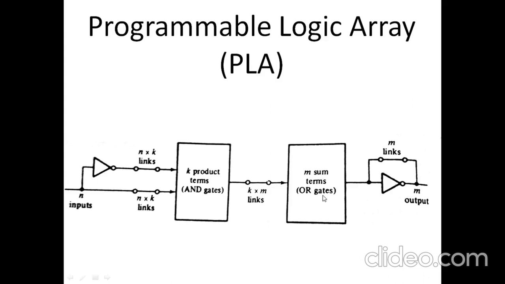We have m sum terms, and every sum term is implemented with an OR gate, and every AND gate in this set is connected with every OR gate here through a fuse. So we have k cross m links, and similarly we have m outputs, and every output is taken from the OR gate and then passed through an inverter as well as a fuse.